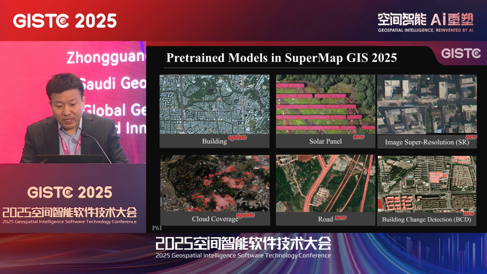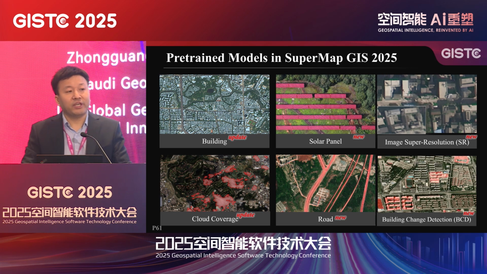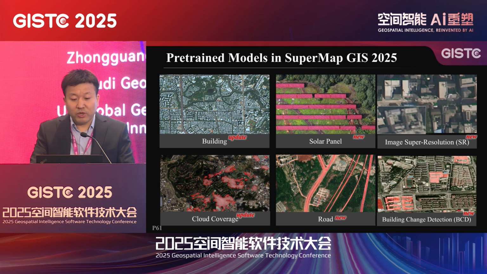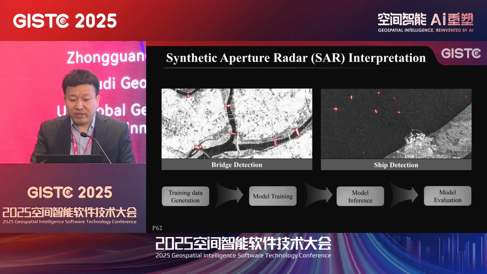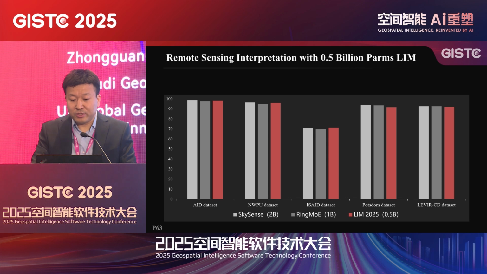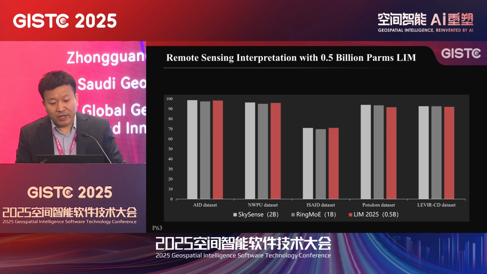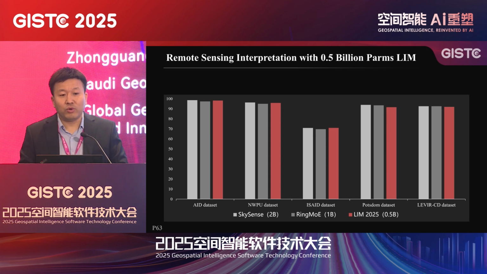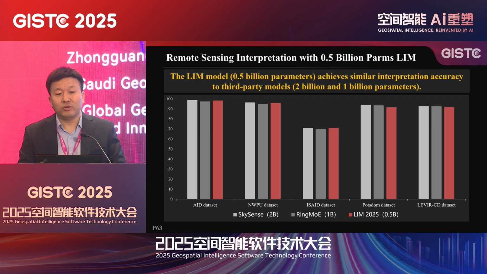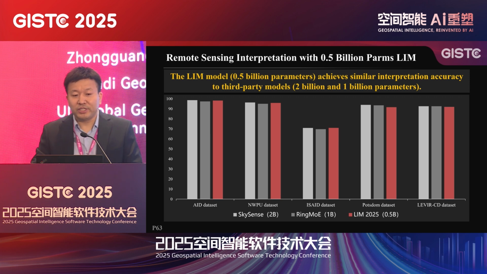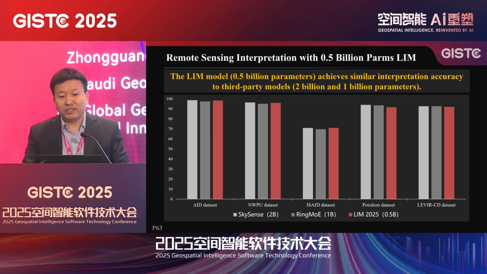And we introduce new models. And we also support shape interpretation in the new version. Okay, here is an introduction to our large model image interpretation. Now we have trained a 0.5 billion parameter large imagery model.